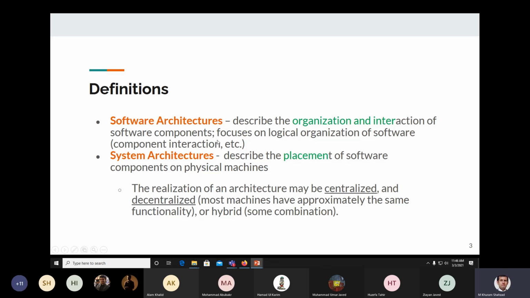If you just tell me that software architecture is related to the logical organization of software components and their interaction, this is enough. I'm not asking you to cram this word for word. The purpose is to understand the concepts.